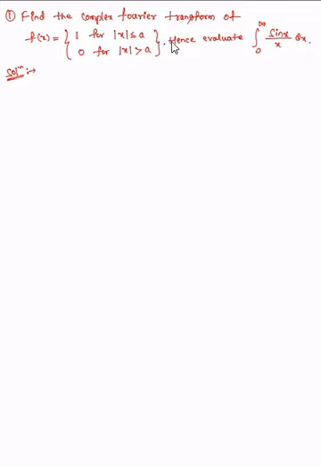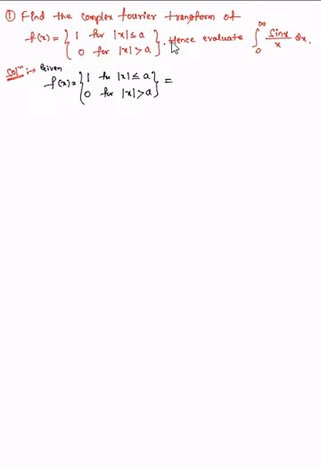So first, I'll write the given function. Given f of x equals 1 for mod x less than or equal to a and 0 for mod x greater than a. So this is the given function. First I'll rewrite this.